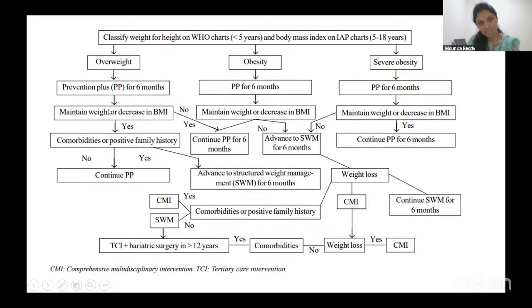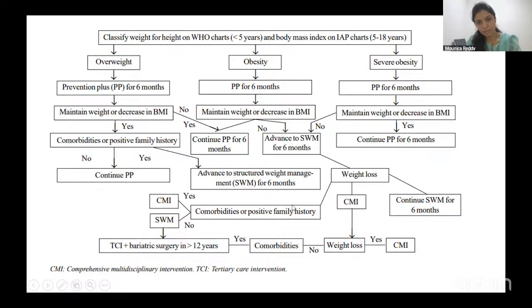If the child is able to maintain his weight or there's a BMI reduction, continue the lifestyle changes. And if you see that there is no decrease in the BMI, then you refer to the structured weight management plan. Similarly in obese children also, give a lifestyle modification trial for about 6 months, and then you may refer to the structured weight management team.